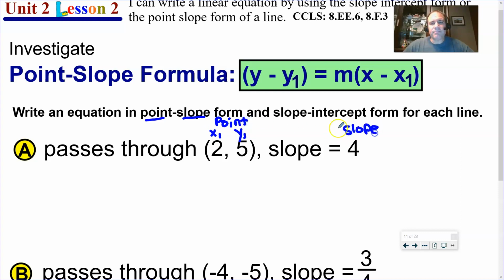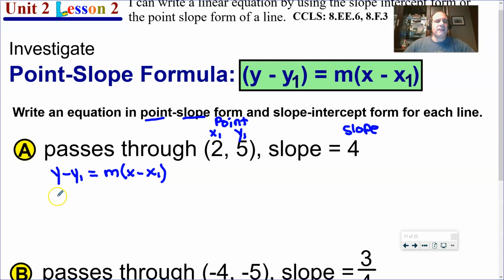Whenever you have one point and a slope, you use the point slope formula. I am going to write that down here. y minus y1 equals m times x minus x1. That is called the point slope formula because you have a point and the slope.